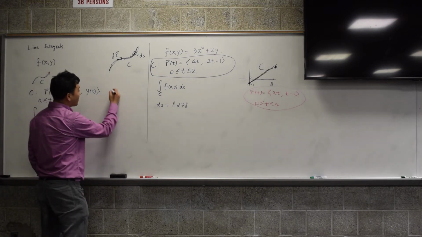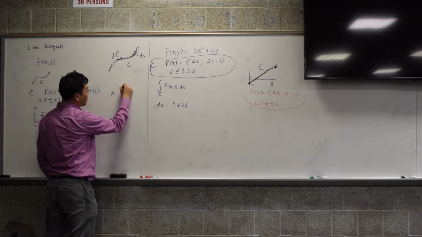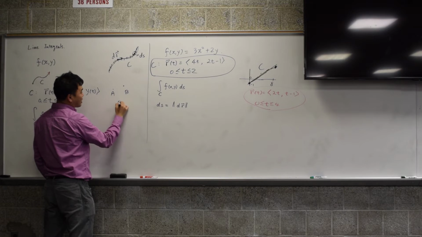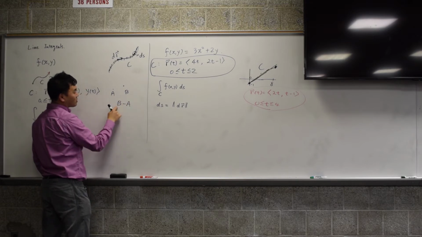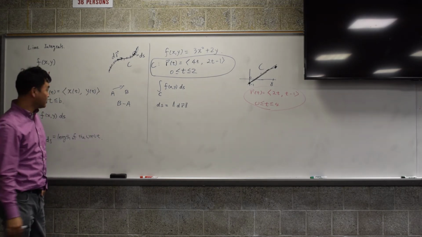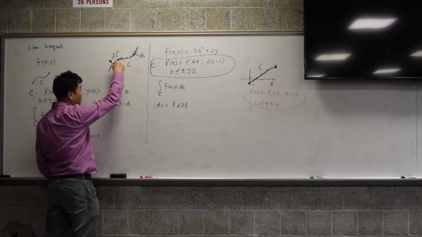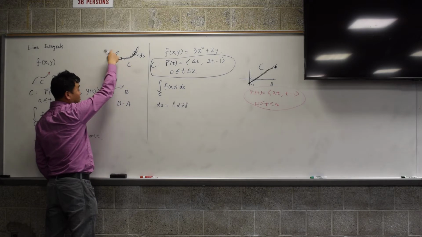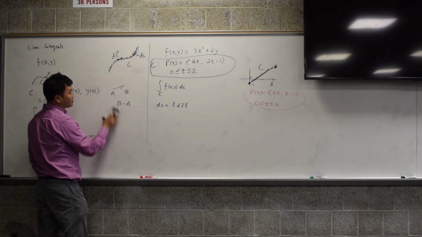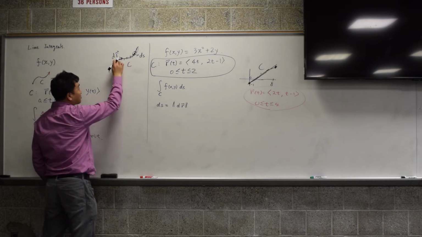You know, if you have point A and point B, and if you do B minus A, you get terminal minus initial. That gives you this vector from A to B, right? It's the same thing. If I have 2 points and if you subtract, you get dr, which is a vector. It's a vector quantity from a point to another point.